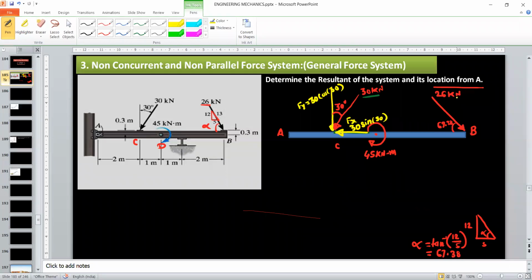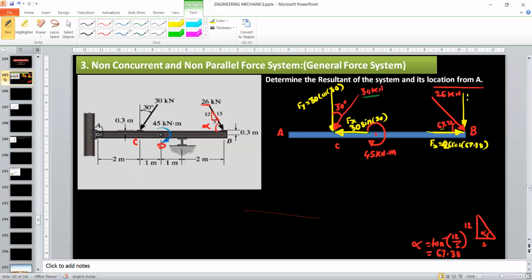Similarly, resolve the 26 kilonewton. For 26, this is the X component and this is the Y component. The X component is adjacent to this angle 67, so it is the cos component: Fx is equal to 26 cos 67.38.